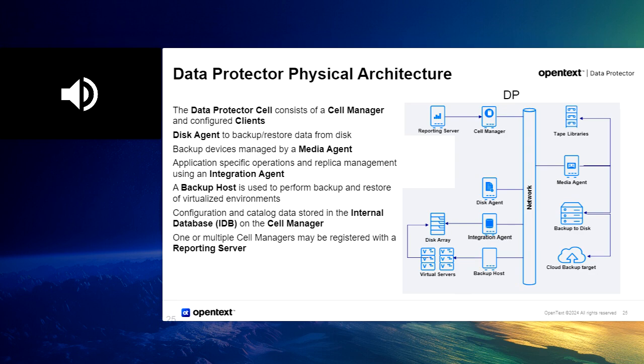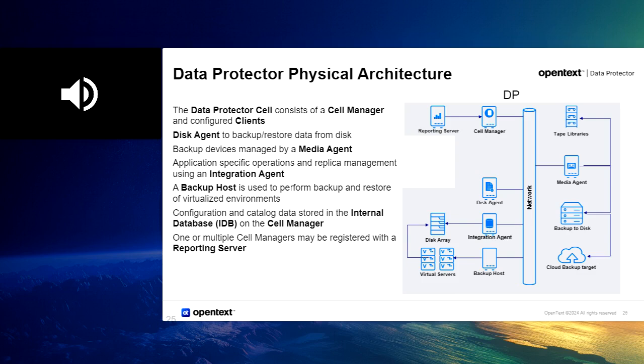When we talk about architecture, just something to be aware of if you're looking at a Documentum backup. I've mentioned some of these already, but this is our naming convention. We have a Data Protector cell, which is kind of the domain, and it consists of a cell manager, which is a server that runs the scheduling and keeps the data in the internal database, so it has all the information about the backup job.